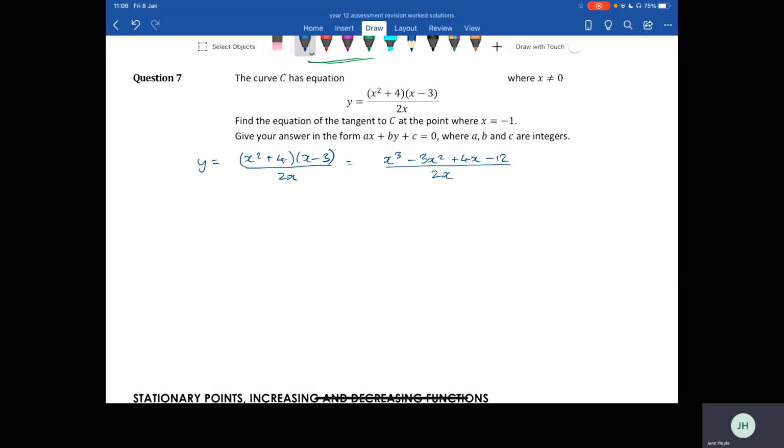Now there's a couple of things that you could do. You could think of that as being 2x to the power of -1 multiplied by each of those terms on the top. That is a little bit awkward though, because you've then got to think about what that 2 to the power of -1 is.